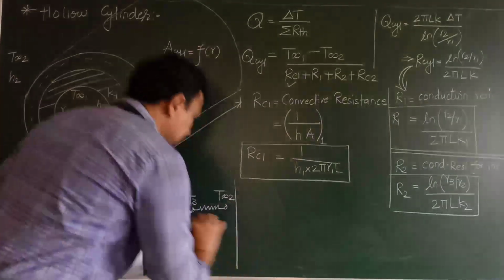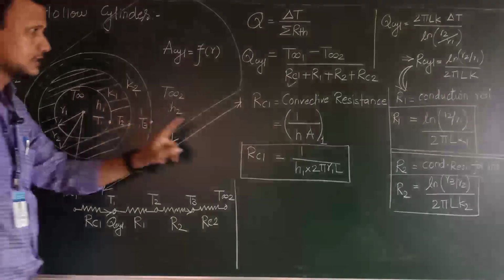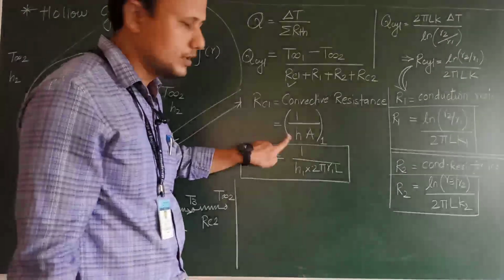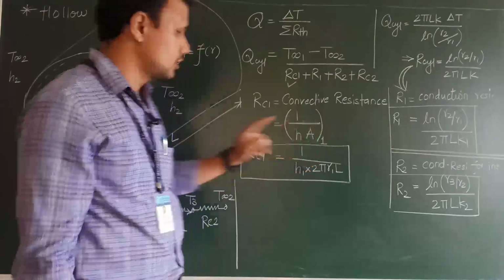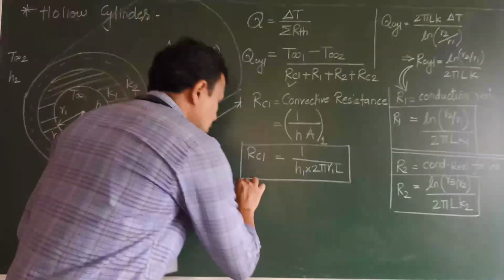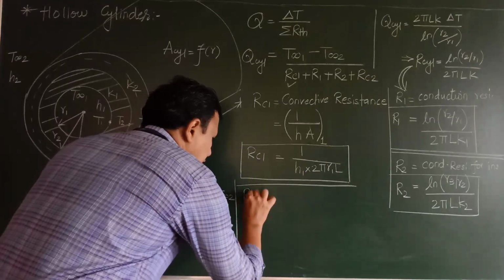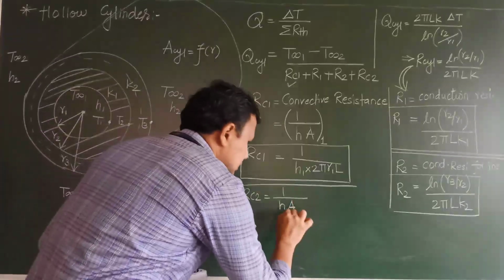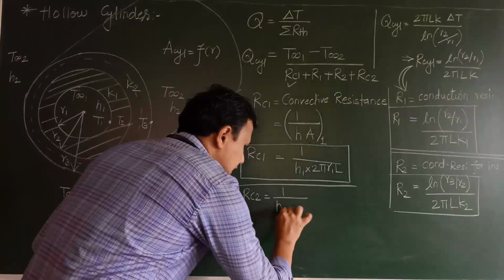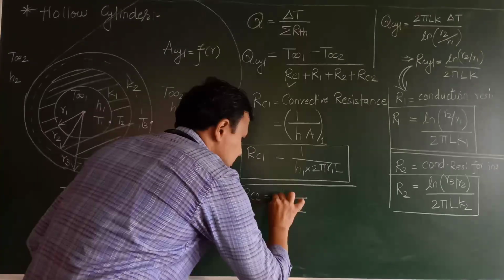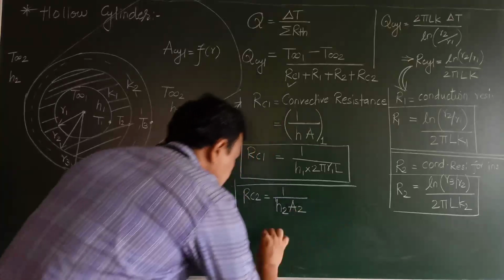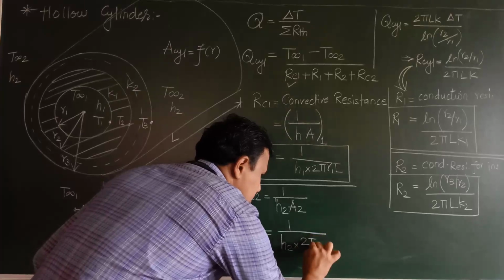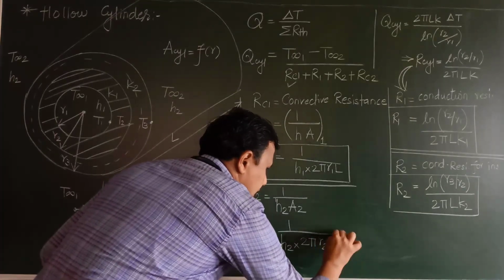One quantity which is remaining is outside convection resistance. Again, physics is convection resistance. So the fundamental formula will remain same, but it will be applied to the outer surface. So we can write RC2 is equal to 1 upon H2A2, and as we know, the outer surface area of the cylinder will be 2 pi R2L.